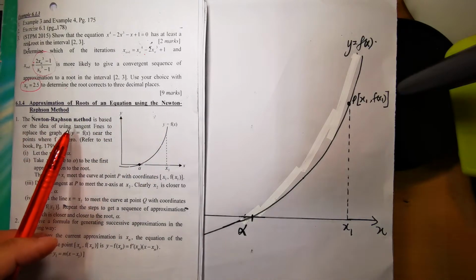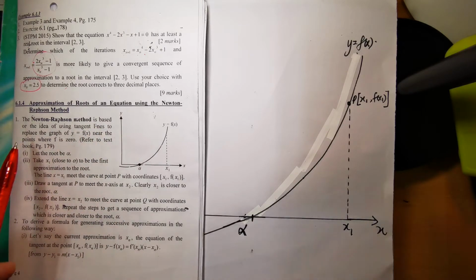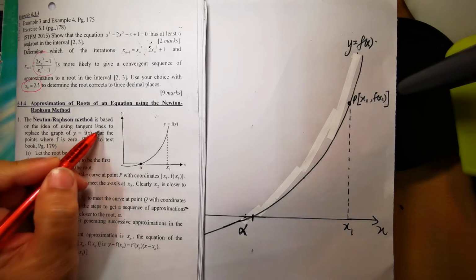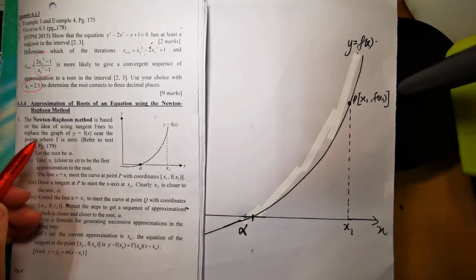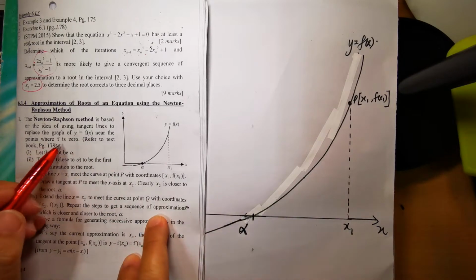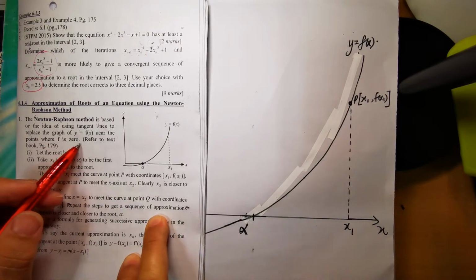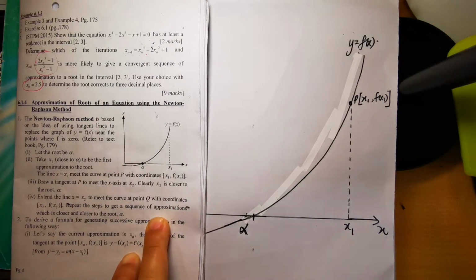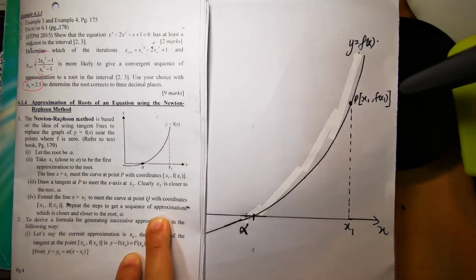The Newton-Raphson method is based on the idea of using tangent lines. We are using tangent lines to replace the graph of y equals f(x) near the point where f is 0. You can refer to your textbook page 179, which is something like this.